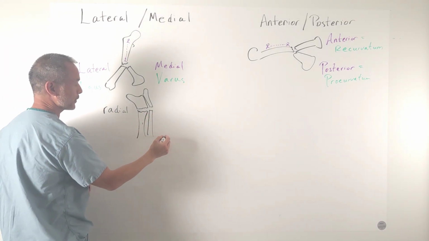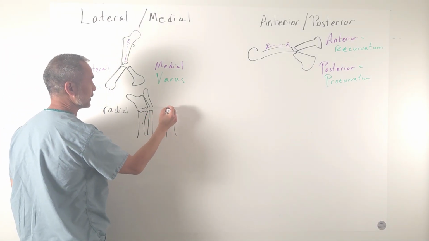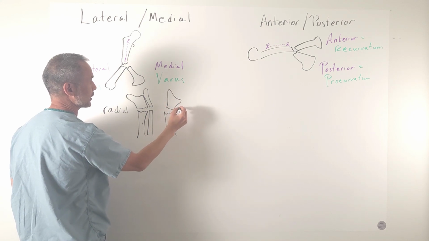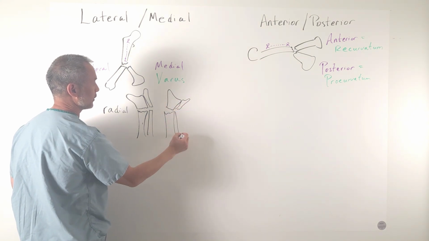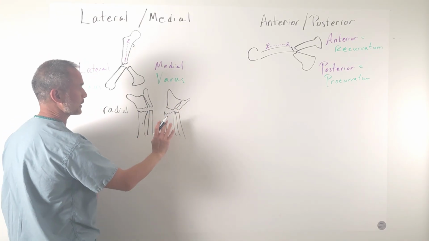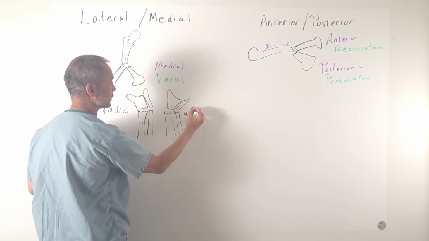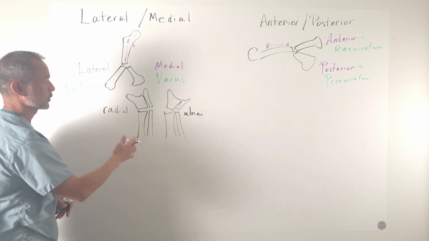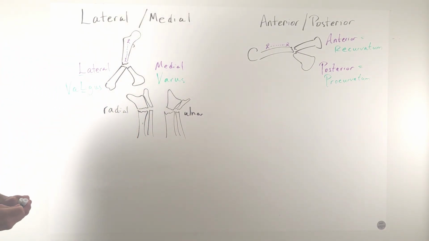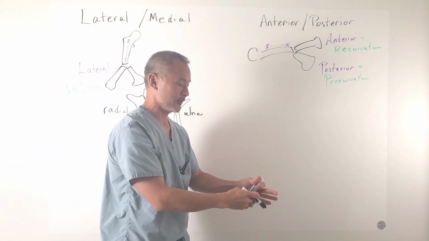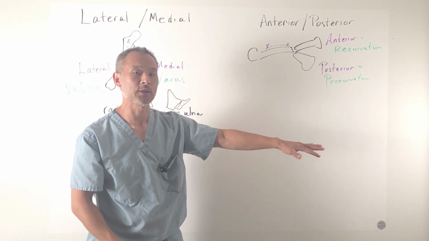If it angulates the opposite way, so say we have a radius and it fractures the opposite way, it's angulated ulnarly. So we're going to call this ulnar angulation.